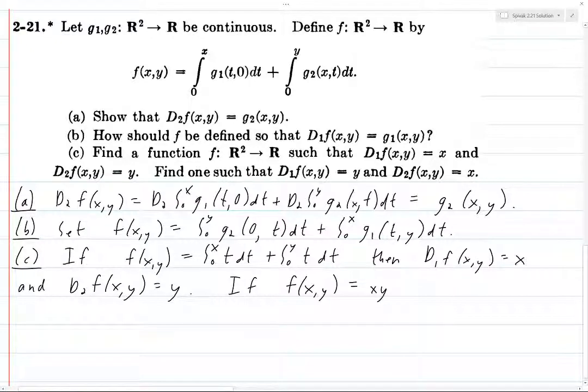And then you've already got a function which works. And so you don't even need anything for g1. So obviously d1 of f of x, y, take the derivative with respect to x, then y is a constant, and you take the derivative of x, you get 1, so this is just y, and d2 of f of x, y equals x.